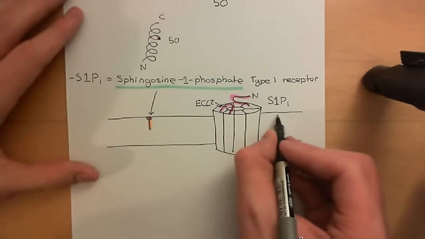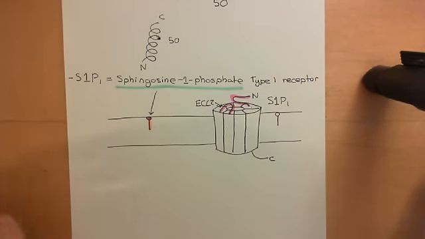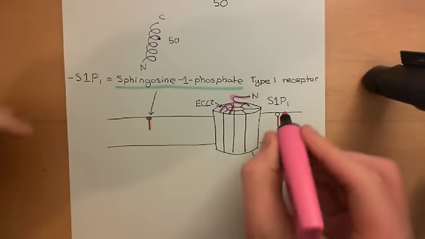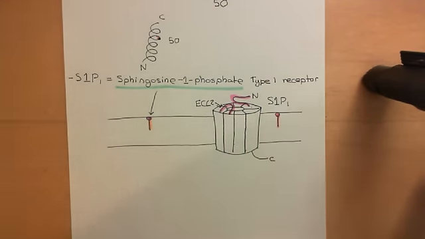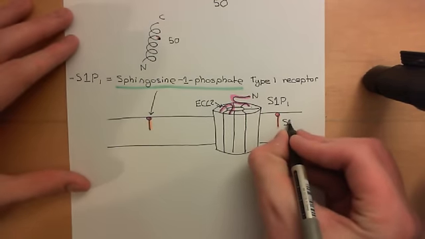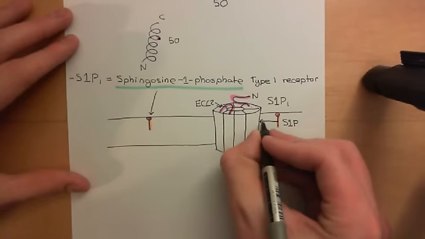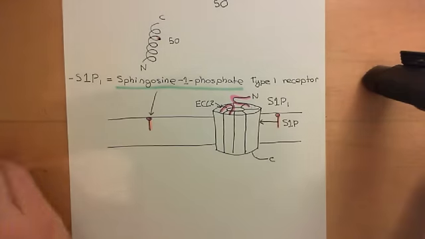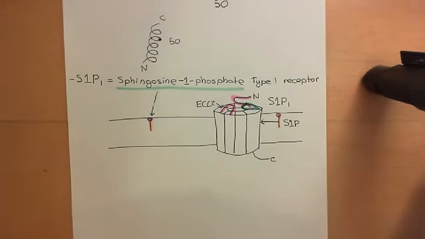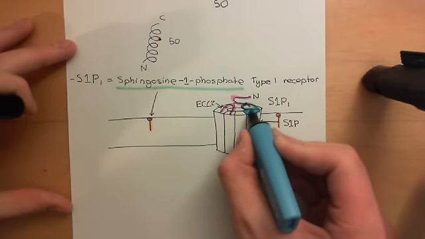Instead, what happens is the sphingosine 1-phosphate molecules, which I'll draw another one here. Okay, so here's the sphingosine molecule in orange, and here's the phosphate group at the head of the sphingosine molecule to create sphingosine 1-phosphate, which we'll just abbreviate down to S1P here, can enter between the first membrane spanning alpha helix, which is this portion here in turquoise, and the 7th membrane spanning alpha helix, which is this portion in blue here.